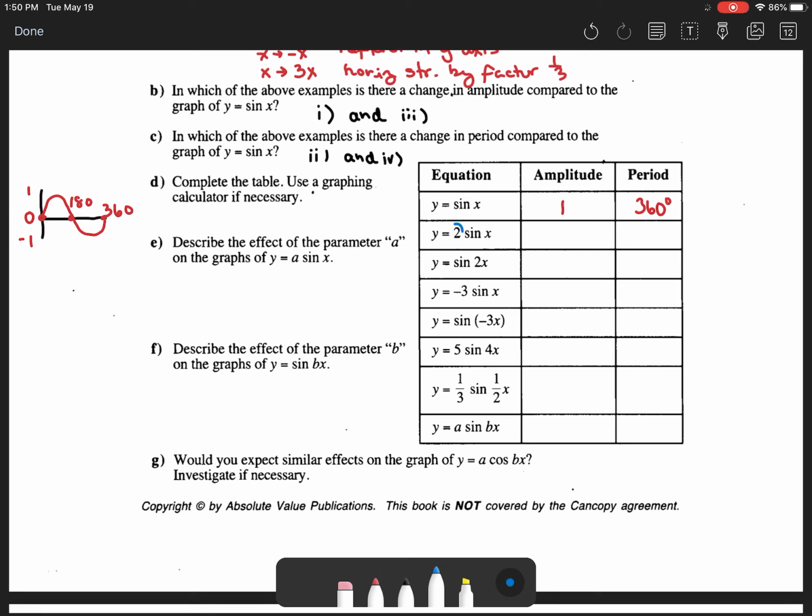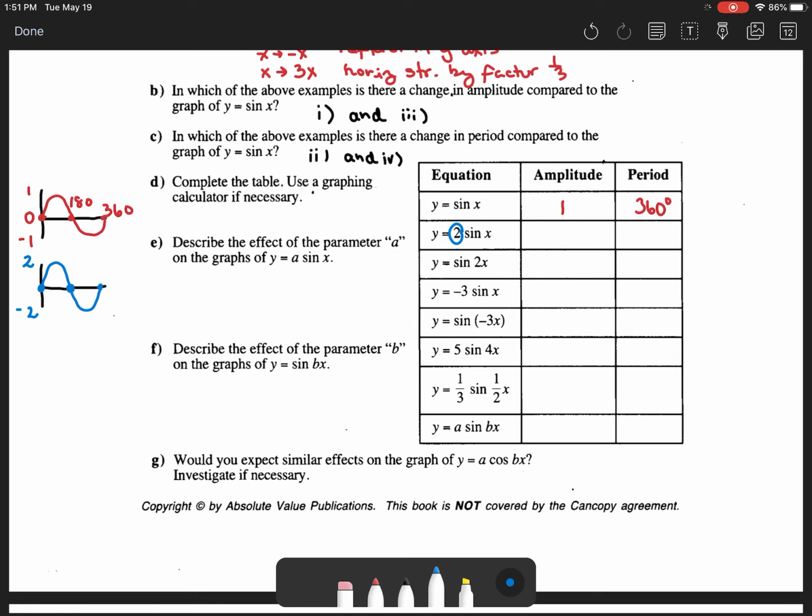In the second one, I now have a vertical stretch by a factor of 2. So my graph of sine would now be going from a maximum of 2 down to a minimum of -2. If I drew that on the side, it would look almost identical, but now it's going up to 2 and down to -2.